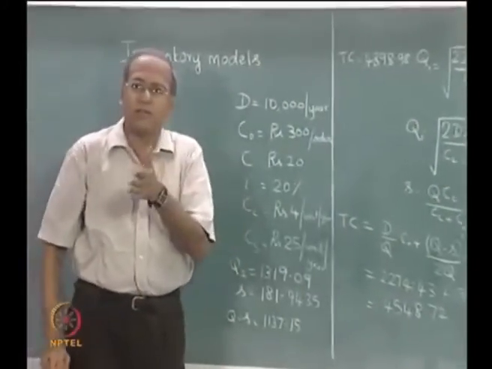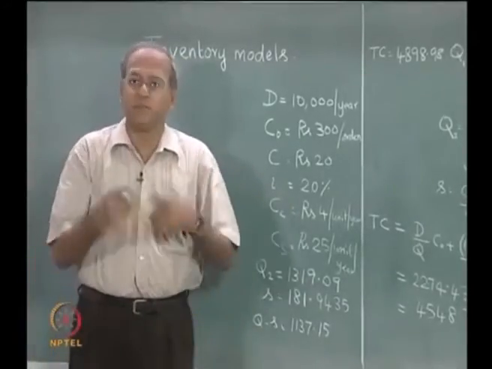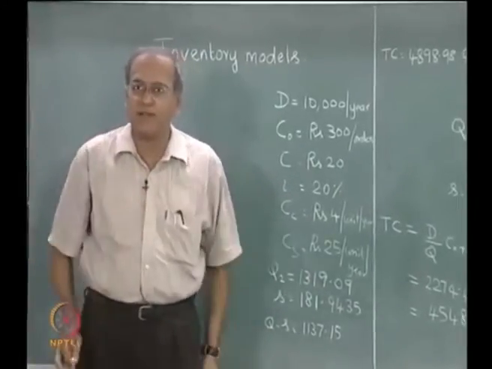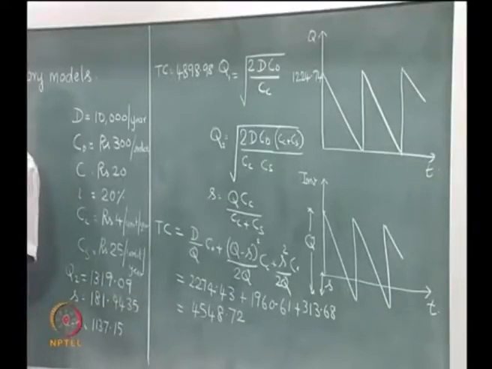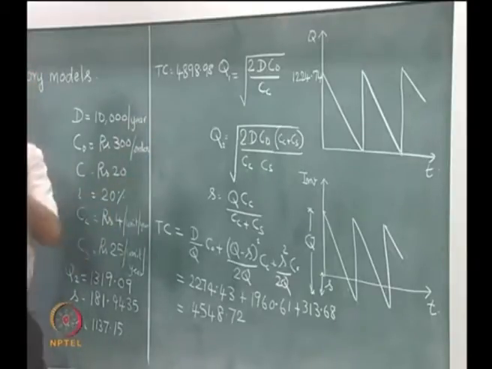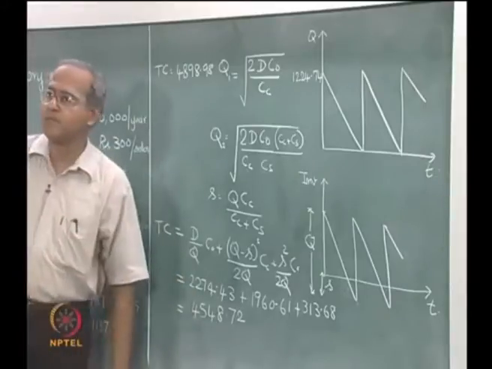So only when the back order cost is kept as infinity, which implies that back order is not allowed, we will automatically get the other model. As long as the back order cost is anything smaller than infinity, however large it may be, this model will always give a total cost slightly lower than this model.